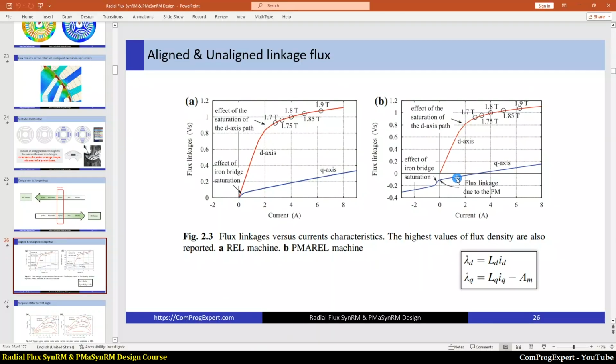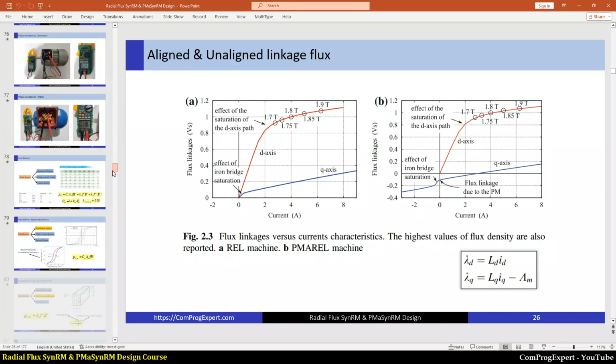And here we have the flux linkage characteristic for the PM assisted motor. Lambda D is almost the same, and Q flux linkage is shifted by negative of lambda M. Here you can see the blue graph that is shifted in this direction.